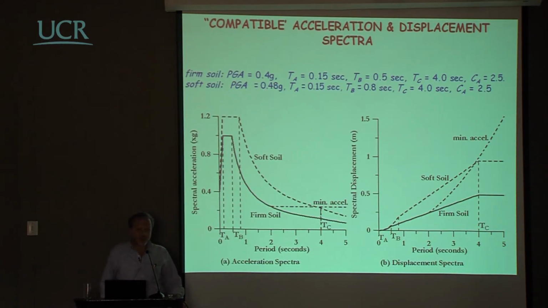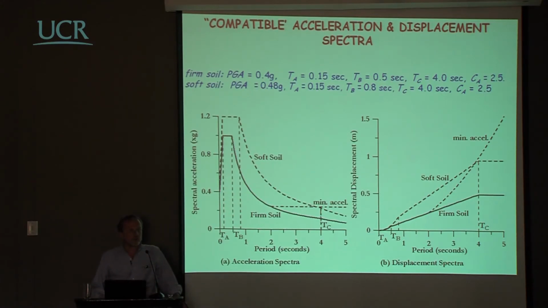If, on the opposite, you take a minimum level of acceleration, then it means that there you are again increasing the displacement. If you are deriving the displacement from the acceleration, you are again increasing it with T to the square. And it is that dotted line that you see there, this one. So if you go for a minimum acceleration, the displacement spectrum will go to infinite very soon.